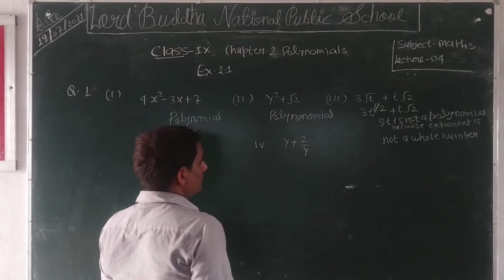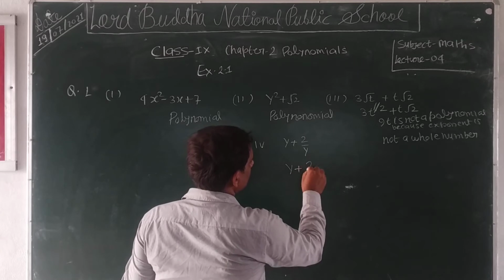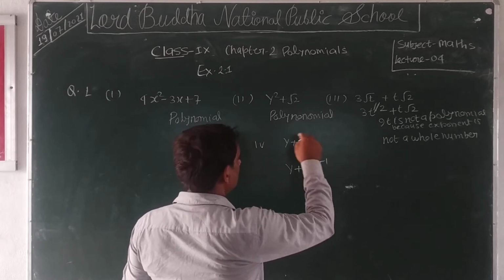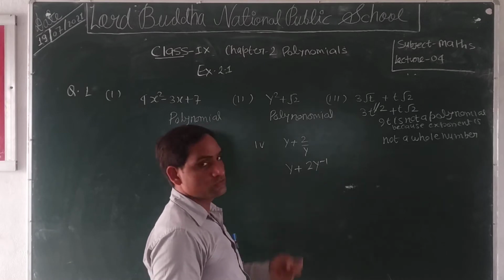We see that in this case we can write y plus 2 y power minus 2.